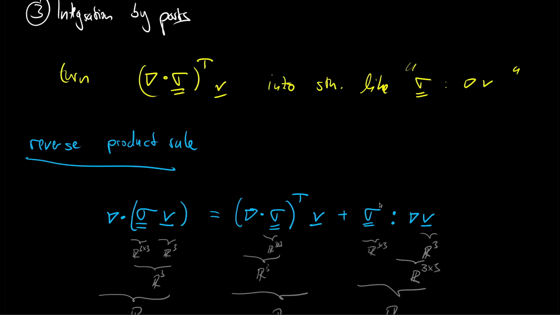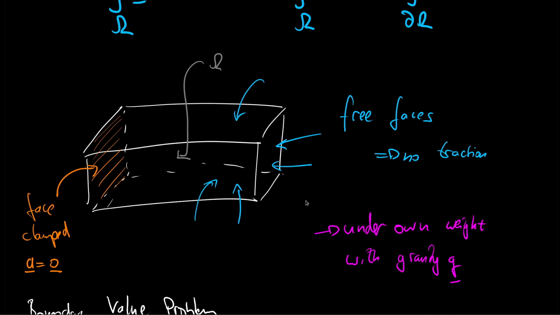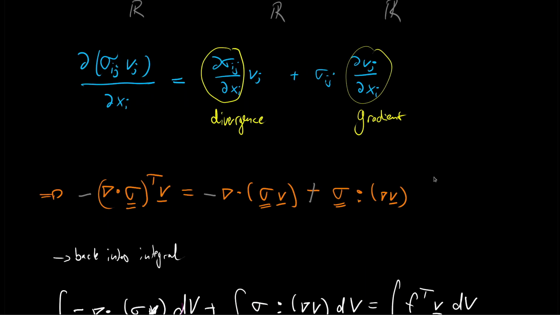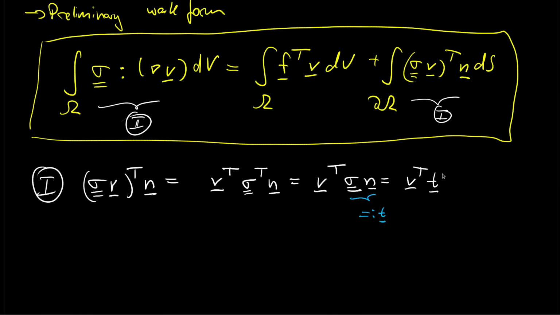And of course, this is just made for generality. Here in the scenario of the clamped cantilever beam, the other faces where there are Neumann boundary conditions have no traction, and no traction means that the traction vector is 0. And this is then almost what we have here. So if we go back down again, I will just note that down, that in our scenario this one is 0.